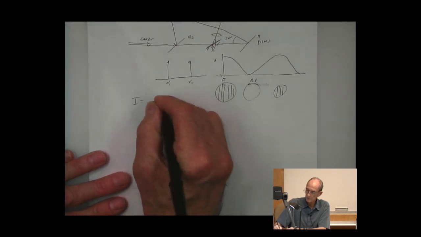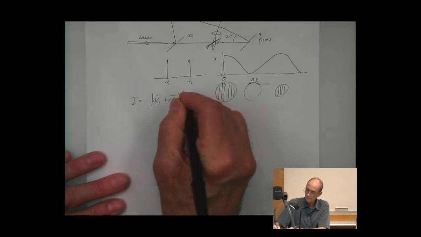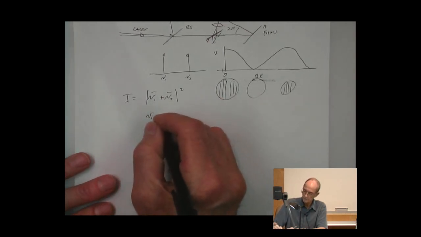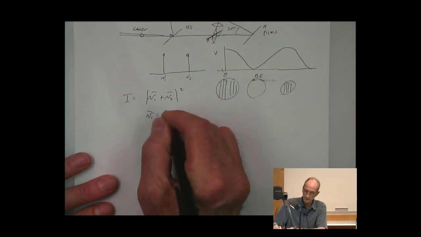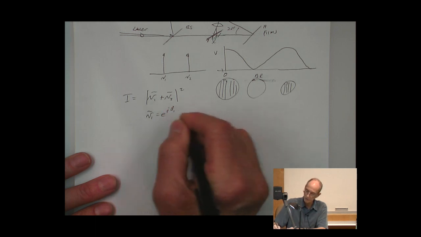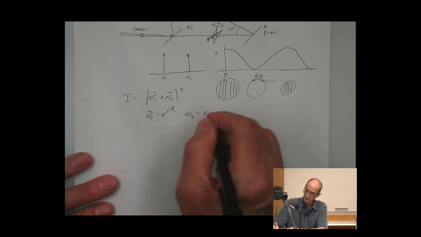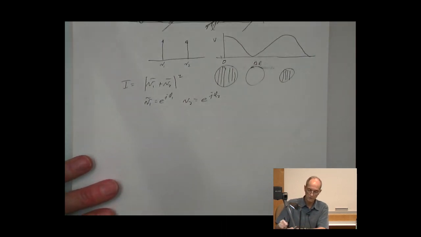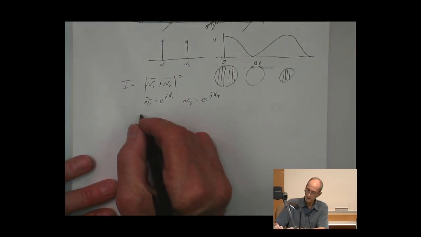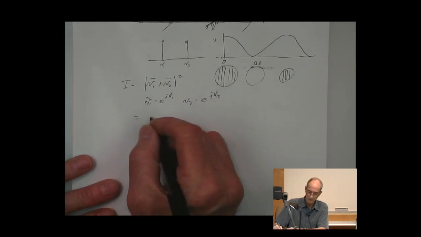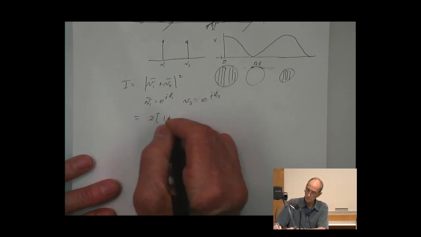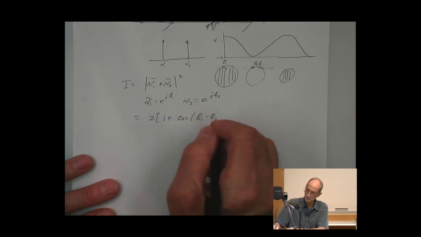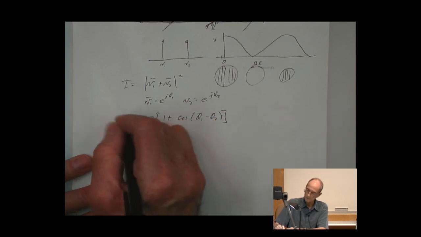So if we have two fields here, as we saw before, and say V1 is equal to e to the j phi 1 and V2 is equal to e to the j phi 2. If we go through and calculate this out, we end up with basically 2 times 1 plus cosine of phi 1 minus phi 2, right?